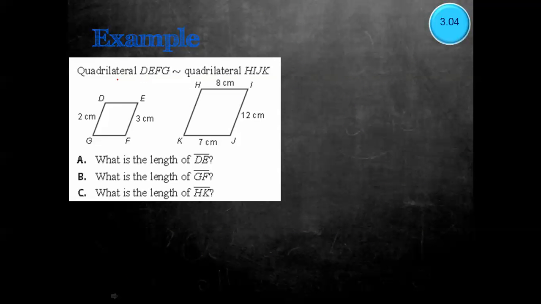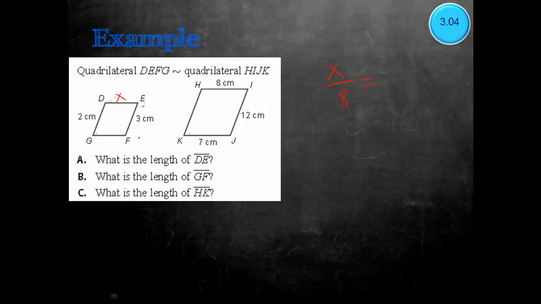For this last one, it says quadrilateral DEFG is similar to HIJK. So I want to find the length of DE right here. I don't know what DE is, so let's just label it x for now. So we'll say that x over 8.